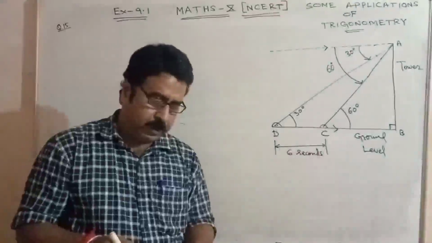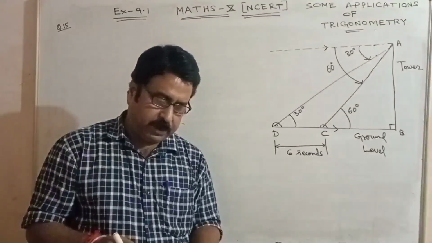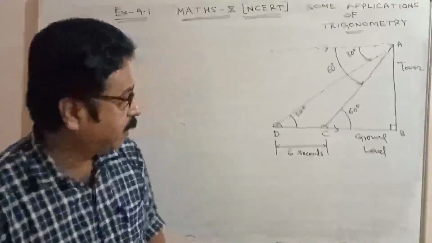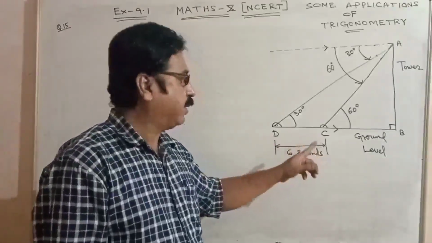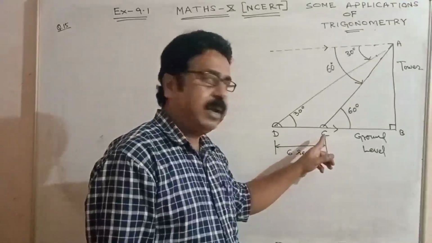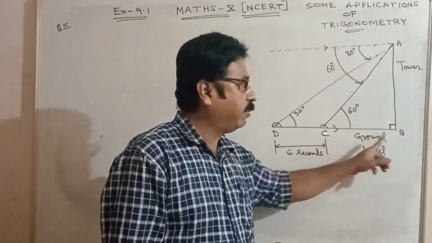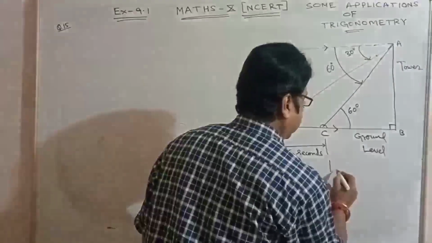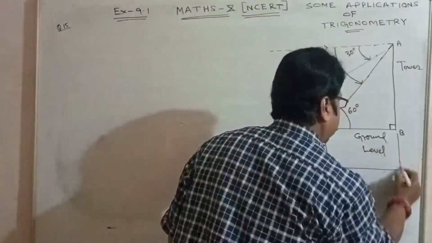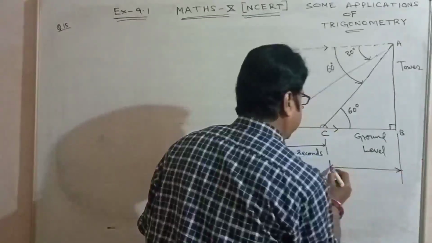What is asked? Find the time taken by the car to reach the foot of the tower from this point. The car reached from point D to point C. Next, when the car will reach from point C to point B, that time is asked. This time is asked.